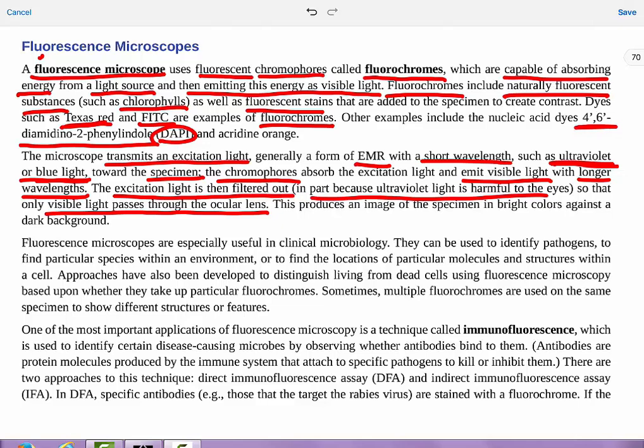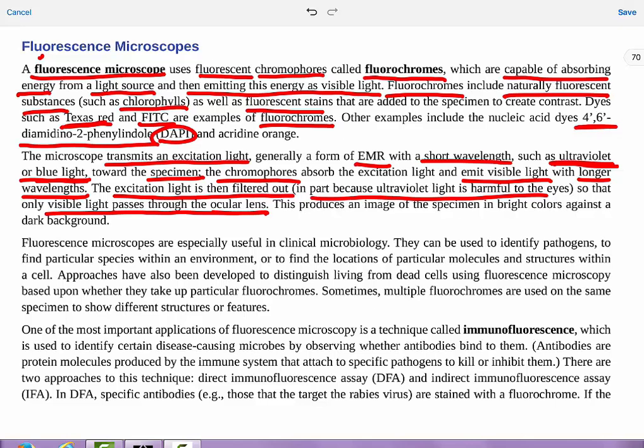It hits the specimen with the ultraviolet light. The dyes in it, the chromophores or the fluorochromes, absorb that light and transmit something we can see. And then the microscope is going to get rid of that ultraviolet light, filter it out, so that what we see is just the visible light that's passing through the ocular lens.